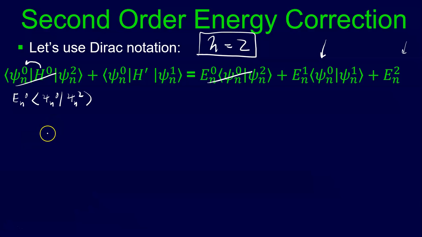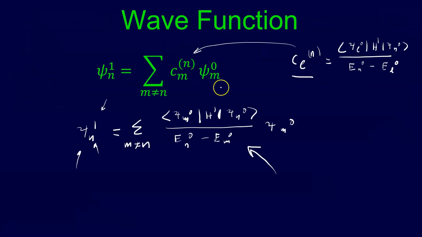That's really great. Now this piece over here has a subtle point. This is the key part of that piece. We expressed the fact, if you look over here, that psi n 1 is equal to a linear combination of all of the psi m 0 except when m is equal to n.